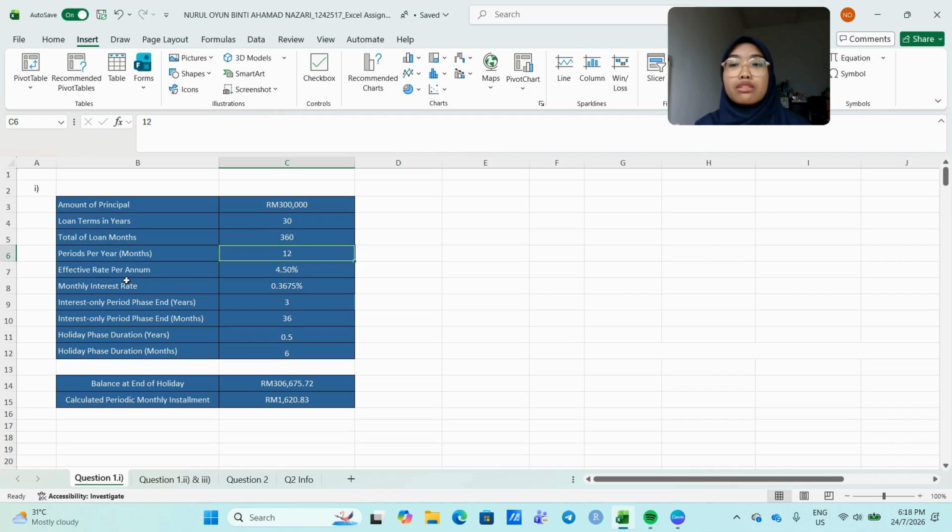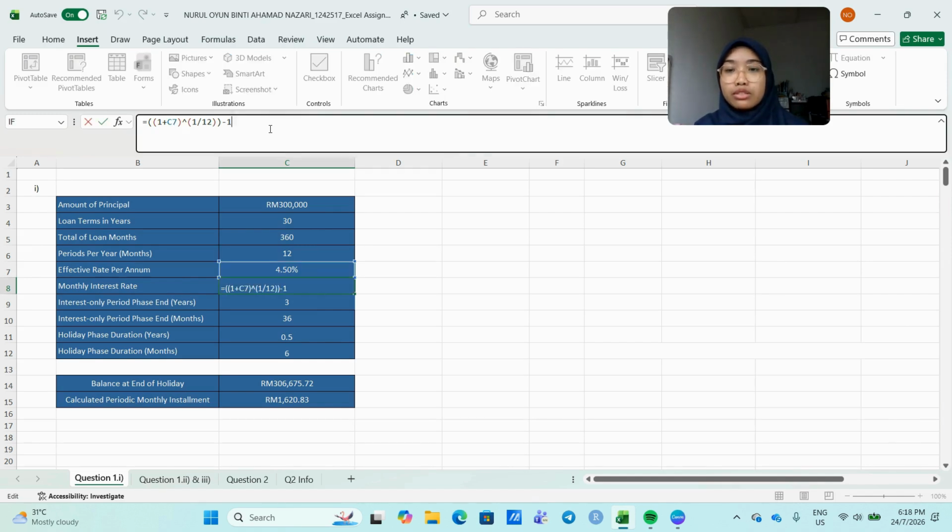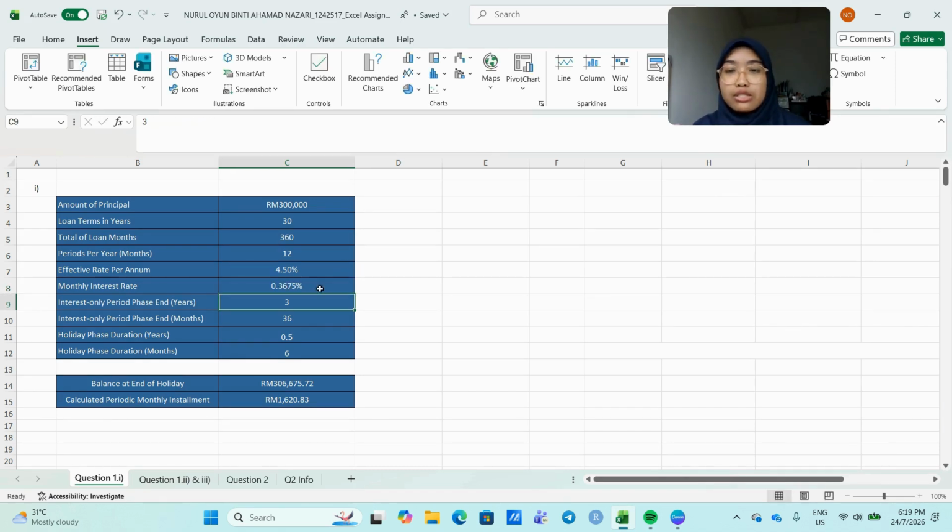The question gives an effective rate per annum of 4.5%. The monthly interest rate, I calculate for j. j is 1 plus 4.5% to the power of 1 over 12, minus 1. So we got the monthly interest rate 0.3675%.